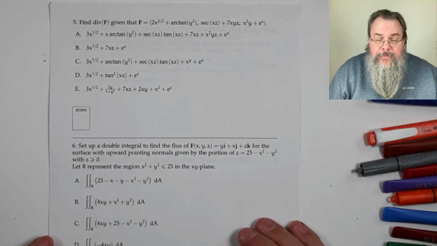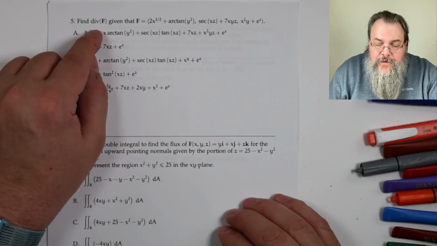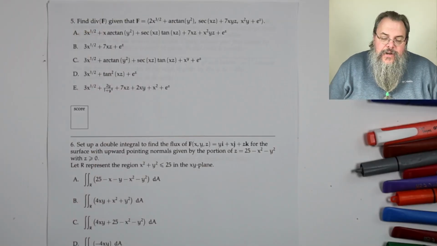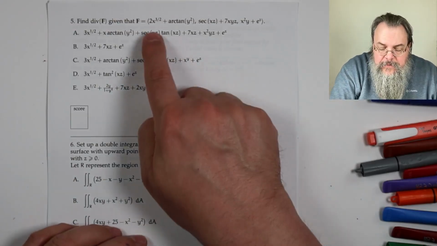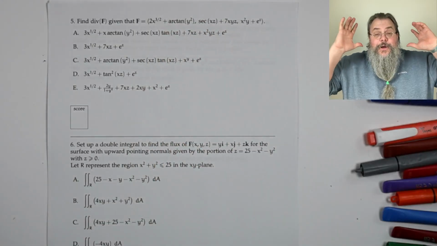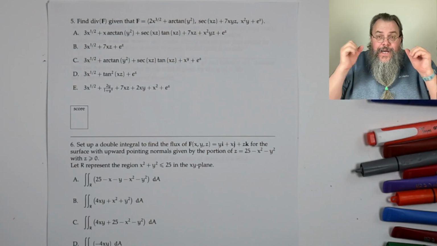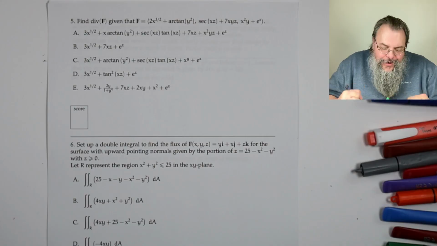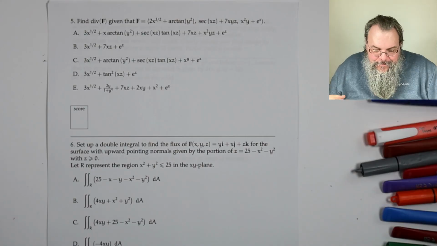Number 5. Find div. Now, div is short for divergence. And, okay, find the divergence of f. And we have f is this vector-valued function. Now, if you see a problem, then you say, I hope I see a divergence problem, because divergence is the fun one.